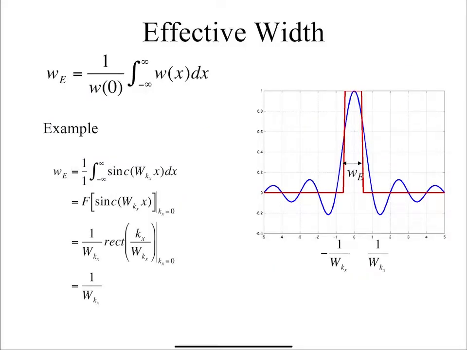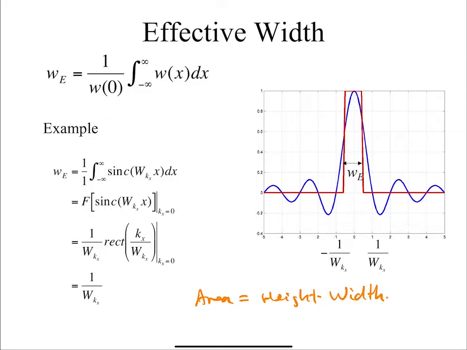So now let's look at the effective width of a sinc function. We want some measure of resolution, right? So we have the sinc function, and we want to say, well, how fat is that sinc function? We can define the effective width as the area, so the area of the function equals its height times its width. Okay?